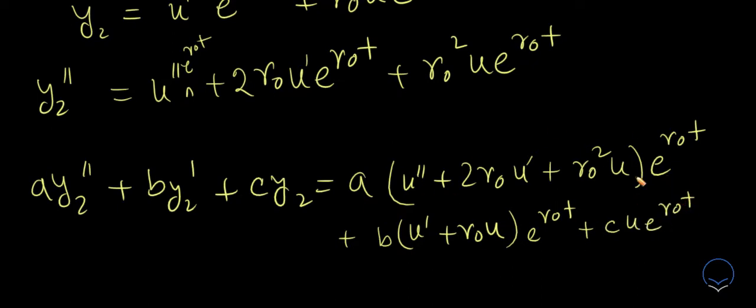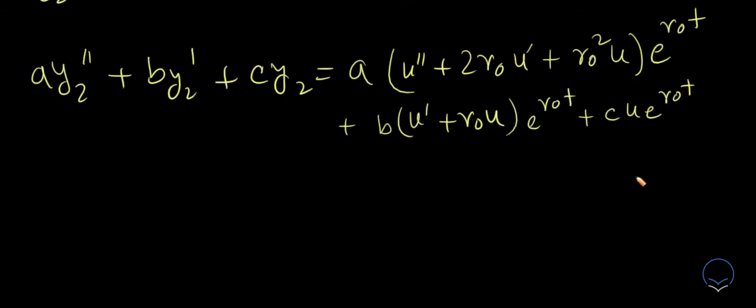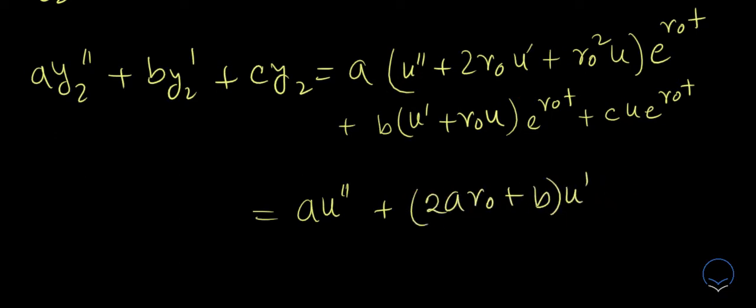Now you need to do some algebra and gather the terms for u double prime, u prime, and just u. If you do that, you will find a u double prime plus 2a r0 plus b times u prime plus a r0 squared plus b r0 plus c times u.